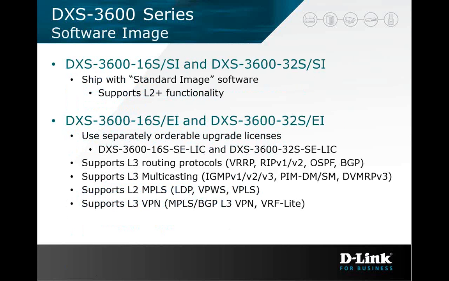It's part of the standard warranty coverage. And then again, from a software perspective, the switches support standard layer 2 plus functionality, and then with an optional upgrade, all of the features that are shown here, including the routing protocols that I talked about before, VRRP, RIP v1, v2, OSPF, BGP, layer 3 multicasting, MPLS, and so on.